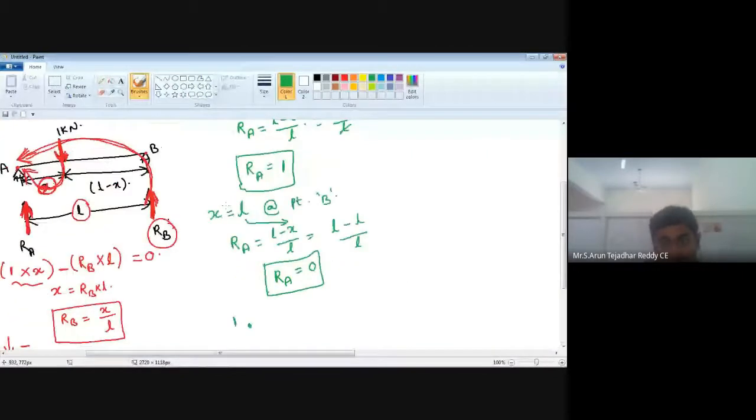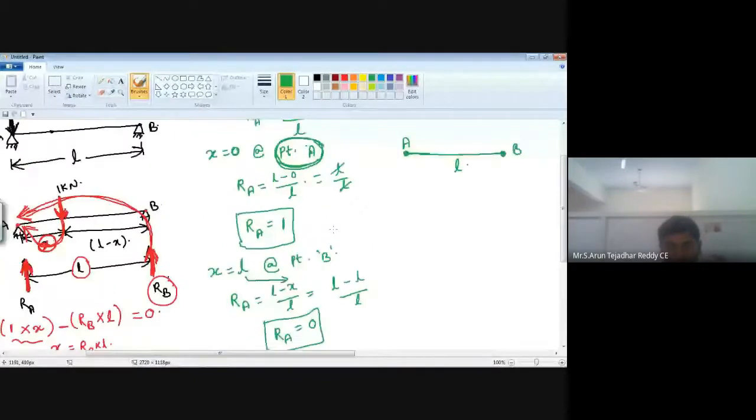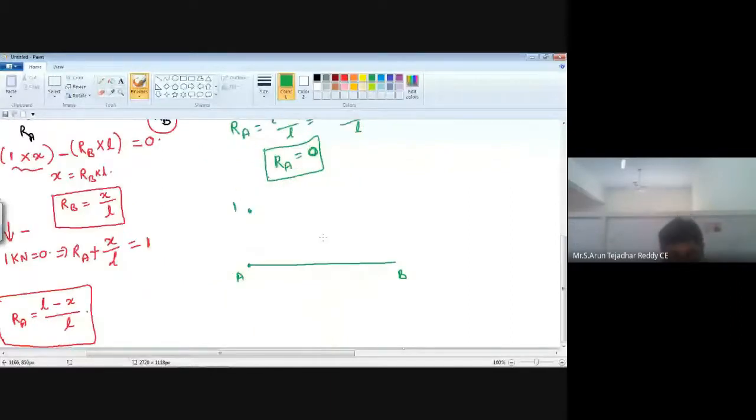Next, coming to point B, we got 0 value. It means this is our point B. 0 means it is acting at point B only.